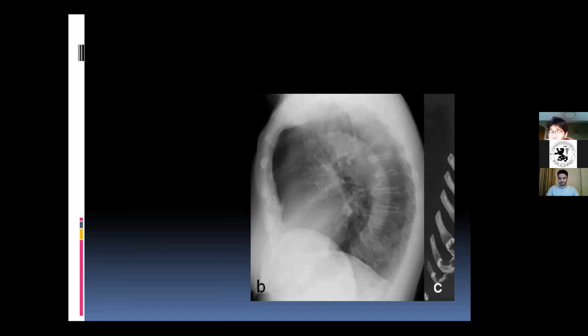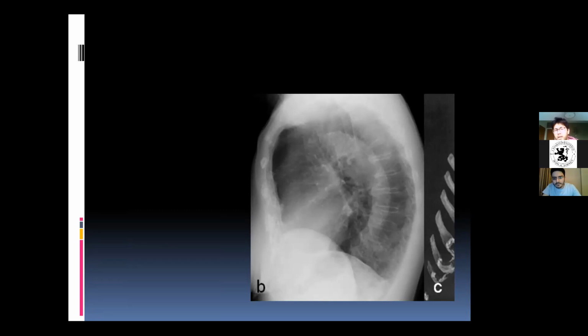Not bamboo spine, close. Bamboo spine is something different. We can get to that as well, but there is definitely hyperkyphosis. Wouldn't call it a rib hump?